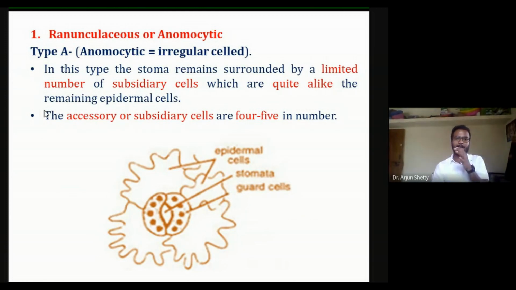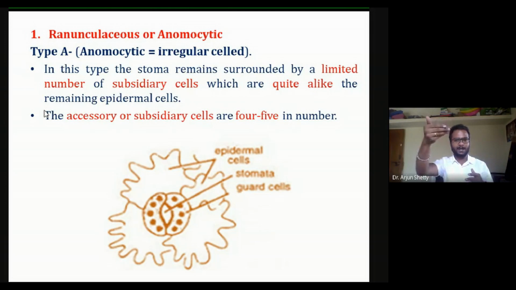It is also called the ranunculaceous type of stomata. This type can be seen in primitive plants. Broadly, it has been said hypothetically that this particular type of stomata can be seen in the lower or primitive angiosperms.